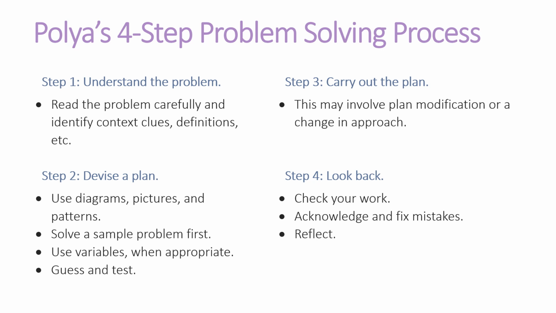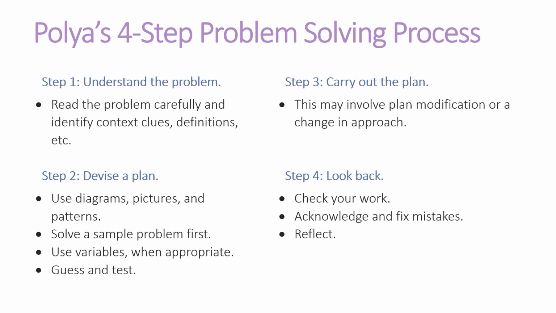Step 2 is going to be to devise a plan, right? So you might decide if you're going to approach this problem from a visual standpoint, or maybe you're going to go at it algebraically, or maybe you're going to draw some kind of picture, or maybe you're just going to plug in some numbers and try something. You might name your variables at this stage.